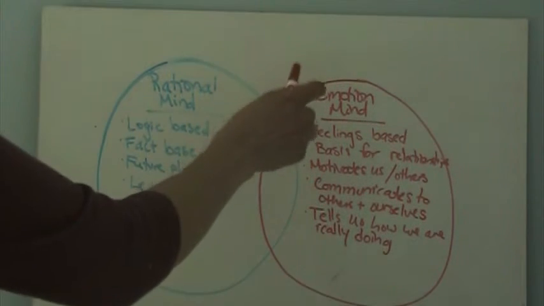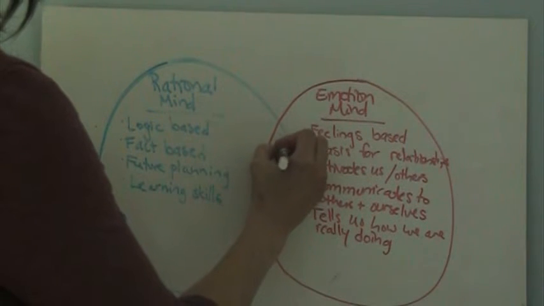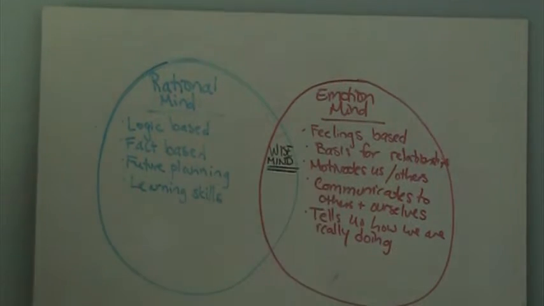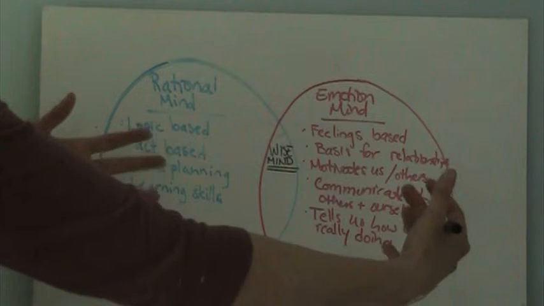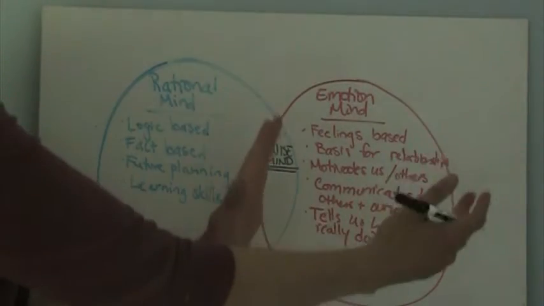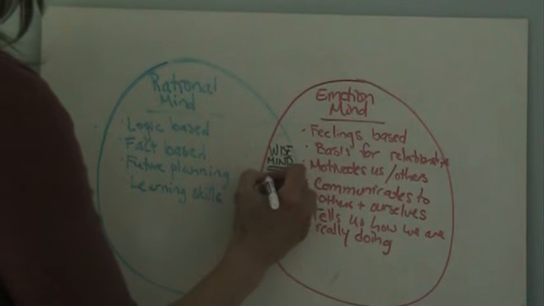So this overlapping area here, right in the middle, represents wise mind. So wise mind, again, is the synthesis or the integration of the two aspects of mind so that we're utilizing all of our mental resources instead of just bouncing back and forth from one to the other. So wise mind is a state of being that we call intuitive.